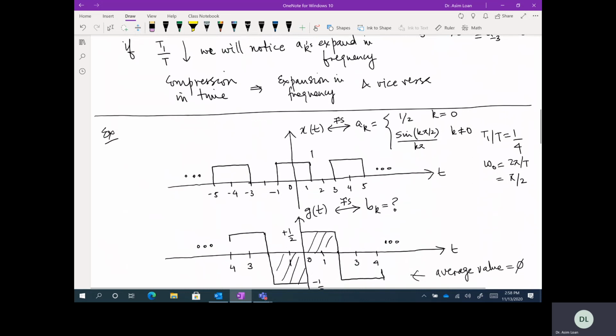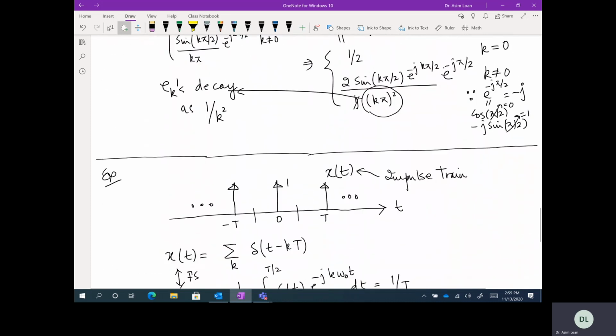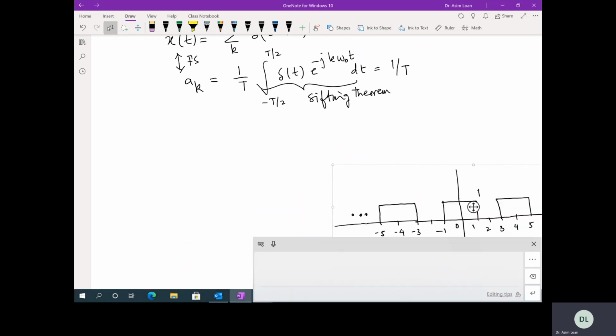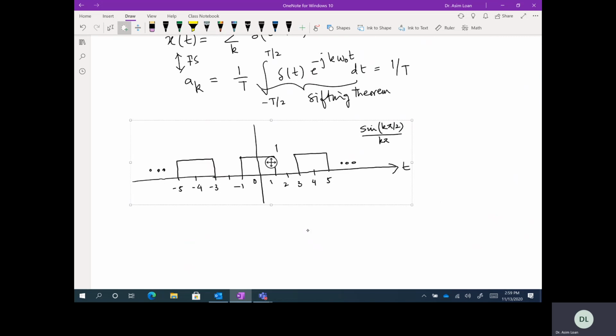So if I copy this whole thing, copy and paste, and I redraw this thing over here.